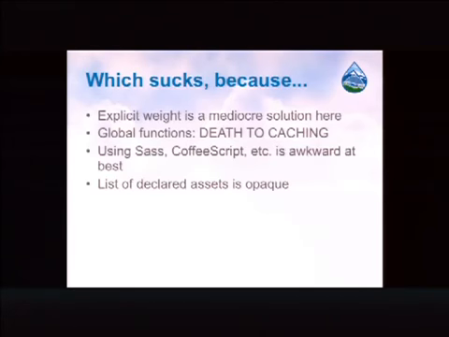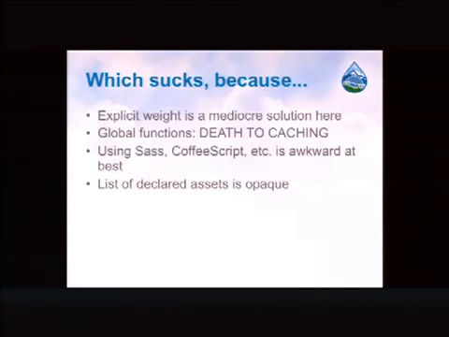So these are the primary reasons that we're trying to get rid of these global functions. As I said before, using Sass, CoffeeScript, et cetera, all these new systems that actually make you want to be a front-ender, is awkward at best. Folks come up with one-off strategies, but we don't have any systematic way of supporting this right now.